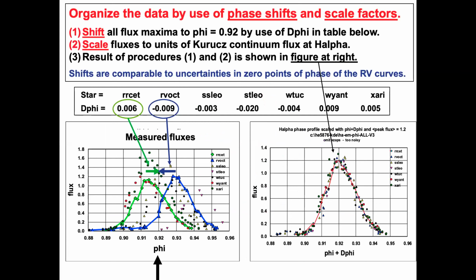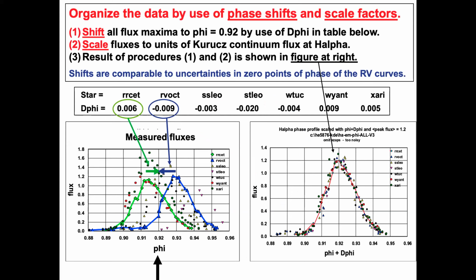So when you do those phase shifts, with the phase shifts indicated in this table, star by star, the shifts in phase units, 6,000ths of a cycle, minus 9,000ths, et cetera, et cetera. And as I indicate in the blue line here, these shifts are comparable to the uncertainties in the zero points of phase of the radial velocity curves. So I'm not sure that they're real at all. They may be just consequences of the way I reduce the spectra.